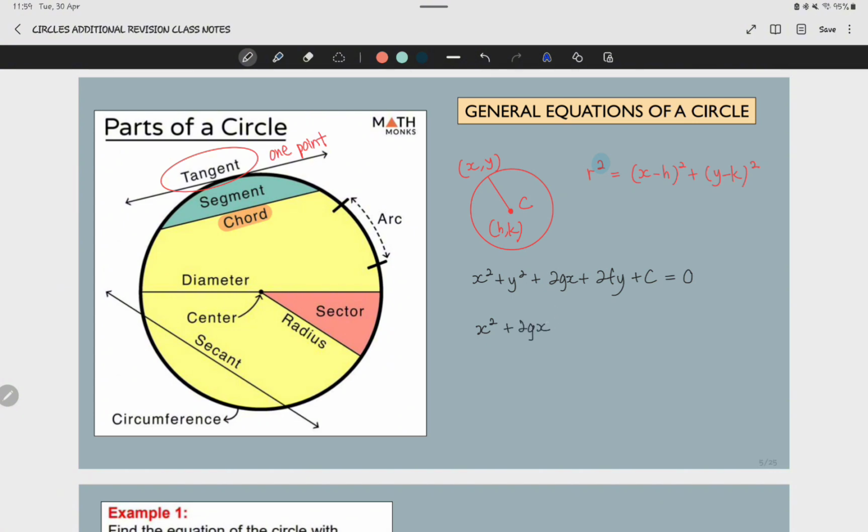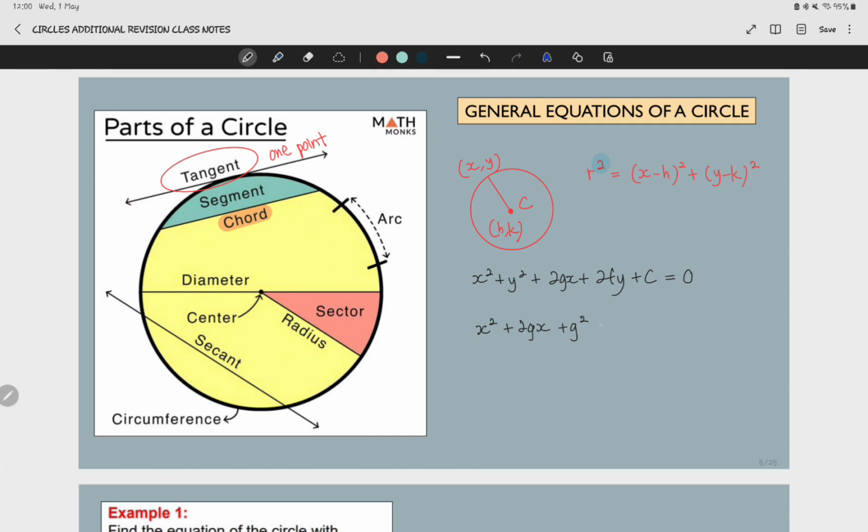Now we want to complete the square, so obviously here we can add g squared. Later I will explain how we complete the square in a reverse method. Selalunya kita dapat benda tu and then kita simplify, complete the square and get the value. But now we want to do it in reverse: from the equation, we add a constant, and then we complete the square from there.